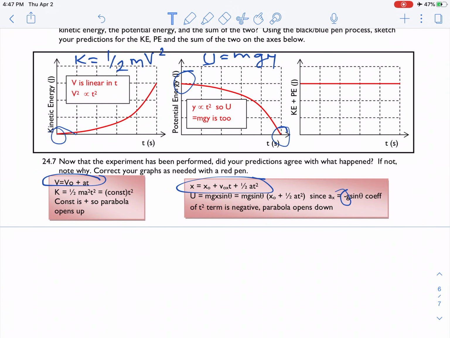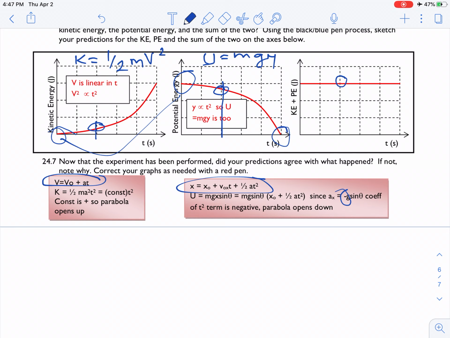When you see it at any point, if you look at right here, let's just take this point. I'm going to also take 2 blocks. When you add these points up, it becomes 3 block size. If you look at the initial point, kinetic is 0, and potential is 3 blocks.